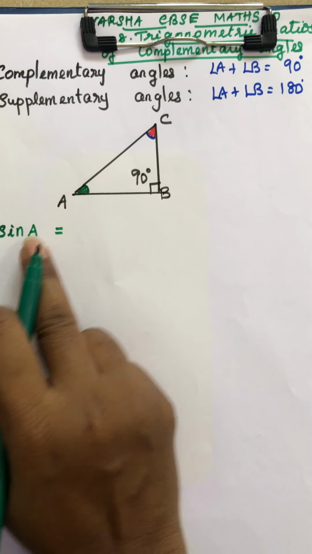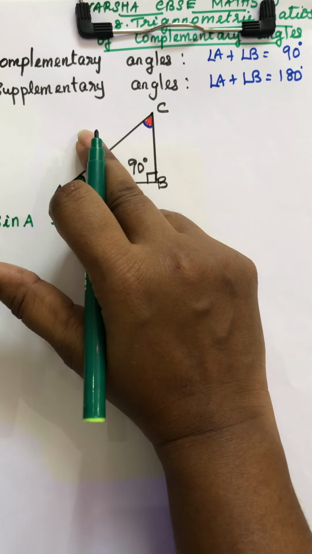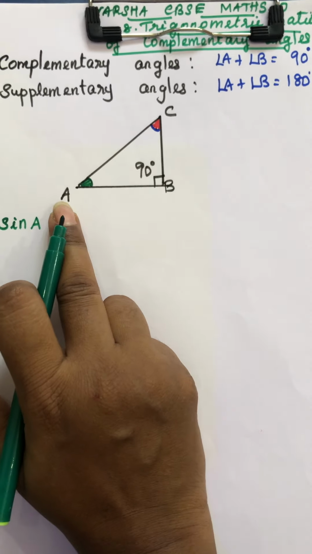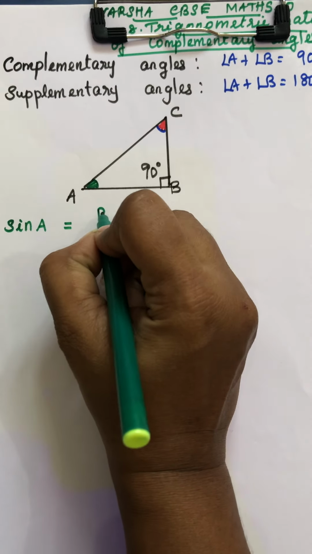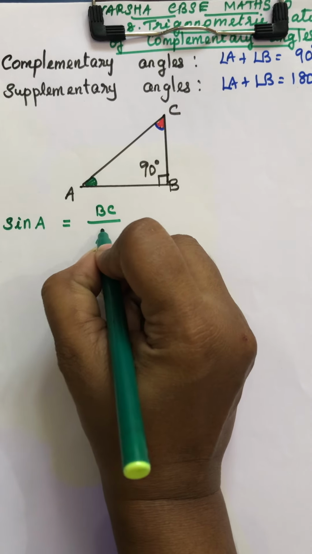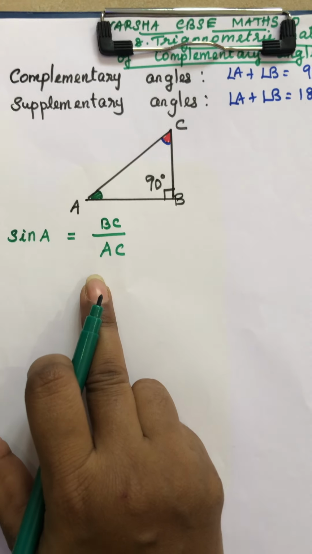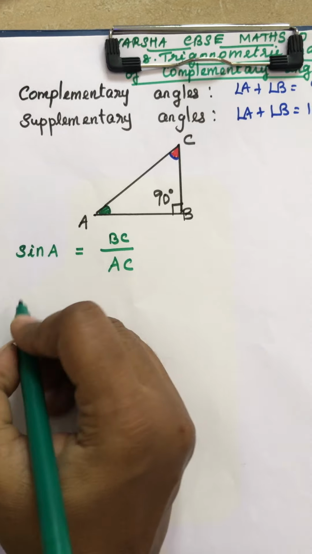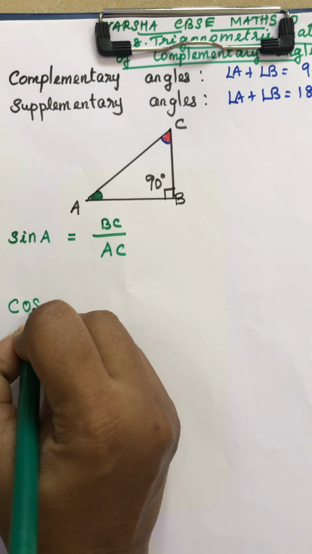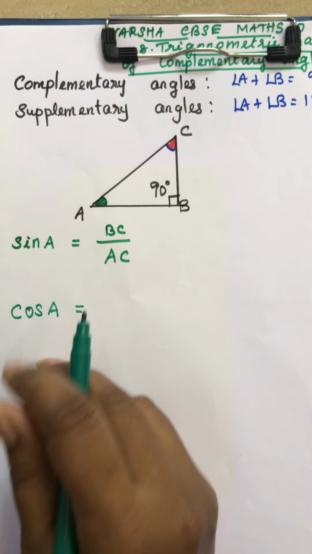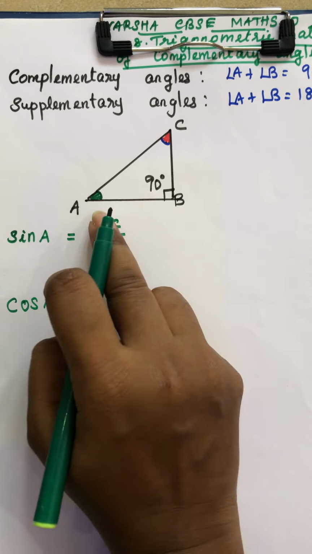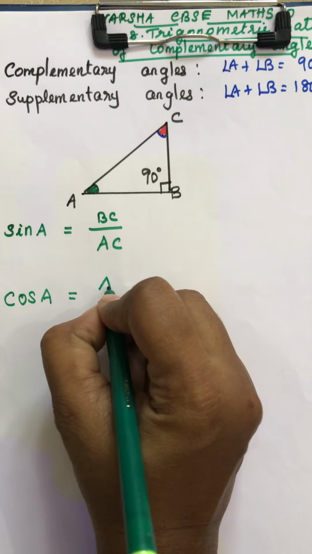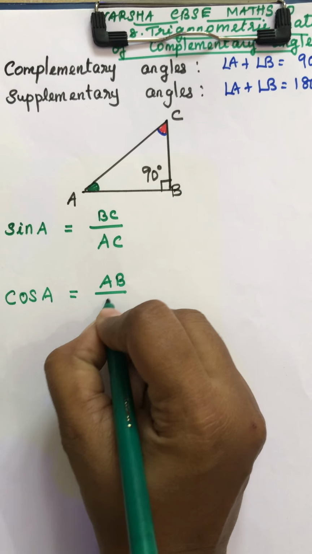Sin A means opposite of A by the hypotenuse. The side opposite to A is BC, so sin A is BC by AC. Now cos A. The adjacent side is AB, so cos A is AB by AC.